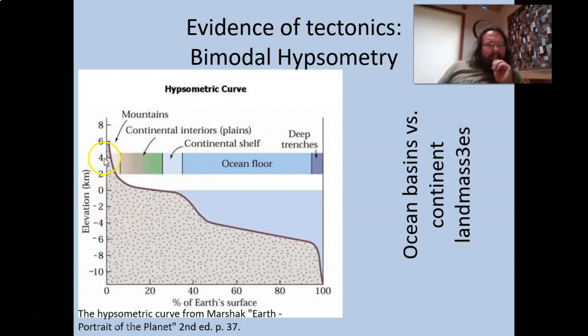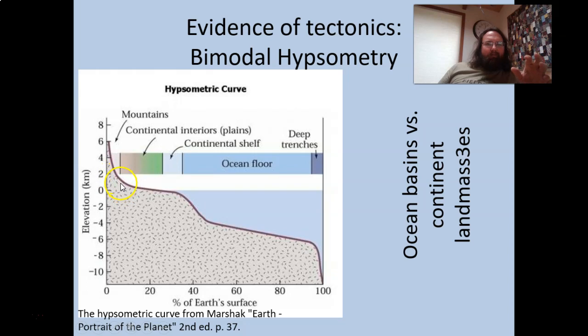What if you were to break up Earth into a bunch of 1 kilometer squares, and then arrange those squares from the highest altitude, the highest mountains like Everest, to the deepest trench on the sea floor? This would be the graph you'd get. You'd have very few regions of the Earth that are very highly elevated.